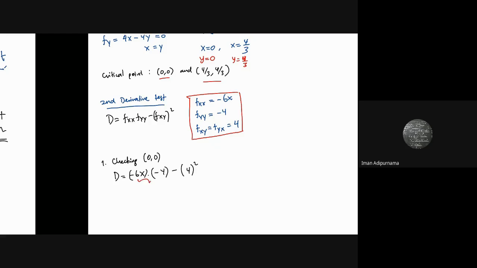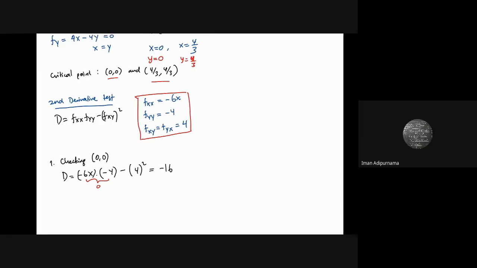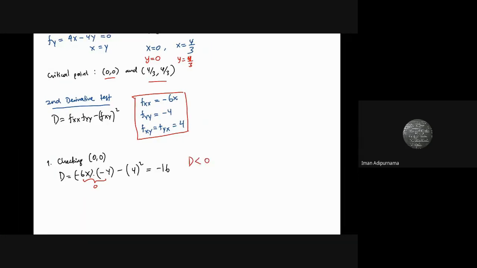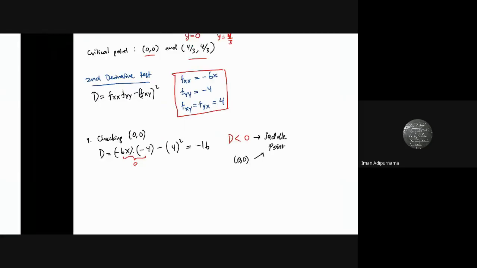And this will be 0. So it will be -16. So we know that this is less than 0, right? So we can conclude this is a saddle point. So (0, 0) is a saddle point. Okay.